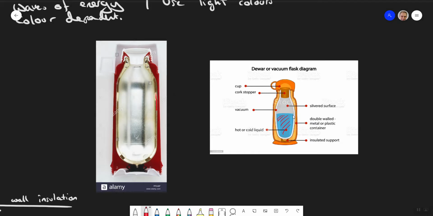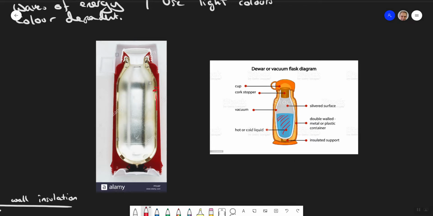But look what the second layer is. The second layer is also silvered. So some will radiate across, but then it will radiate back, and you're going to trap radiation bouncing around between these mirrors for ages. Eventually, it still will get across, which is acceptable. It does happen. So what do we cover the whole thing in?